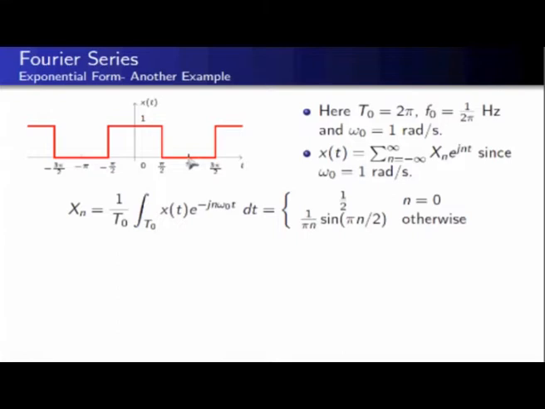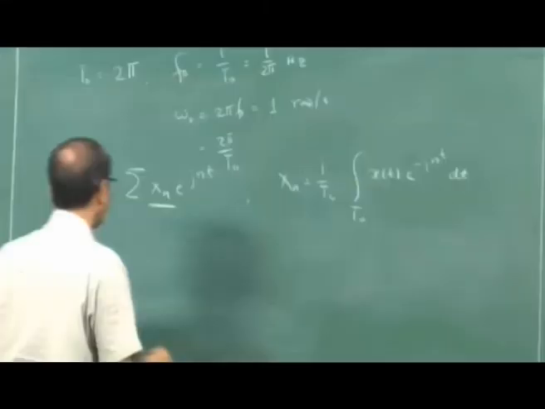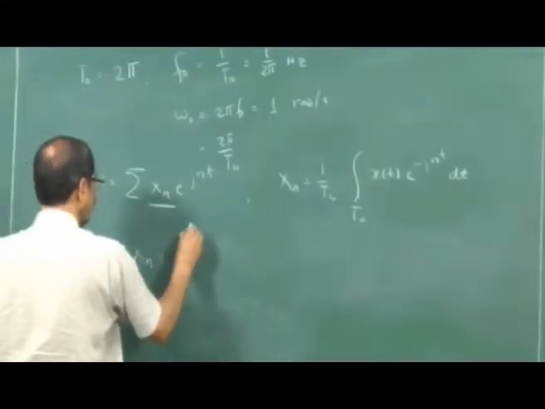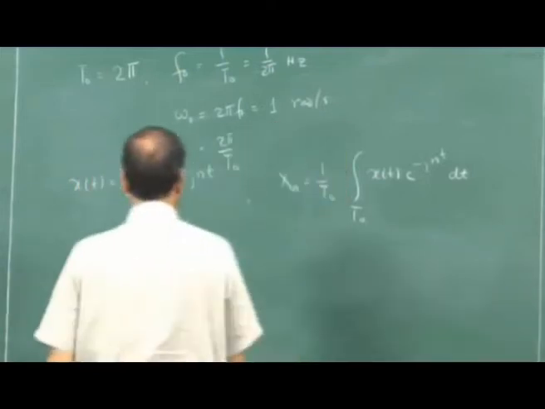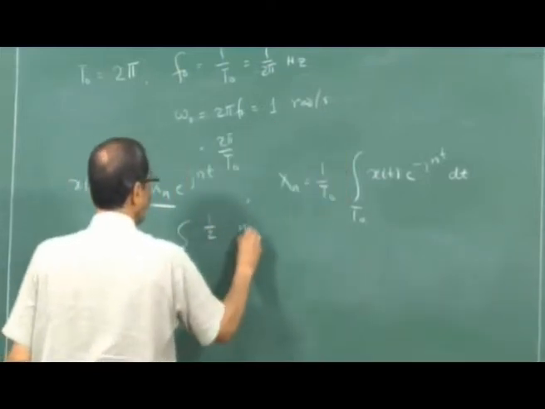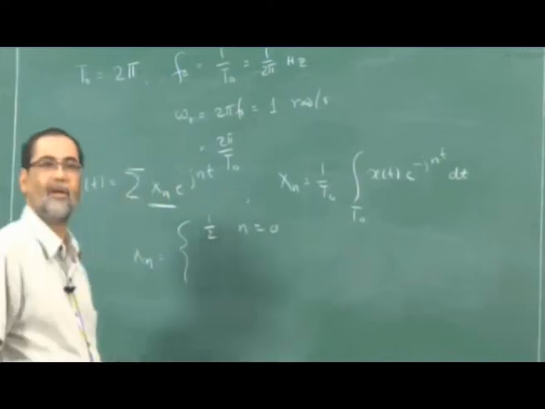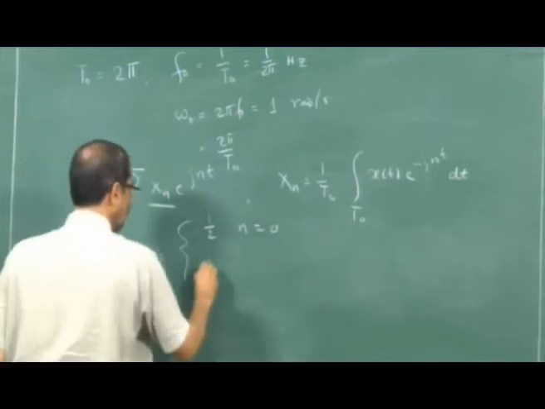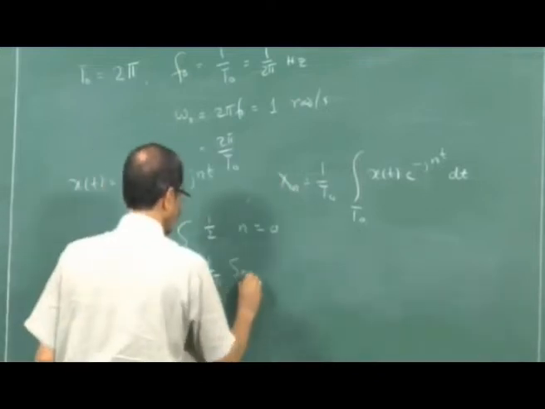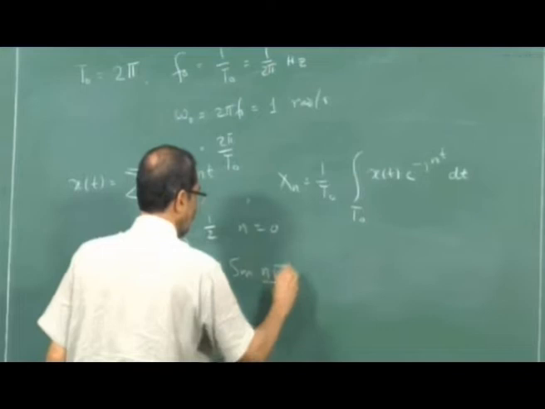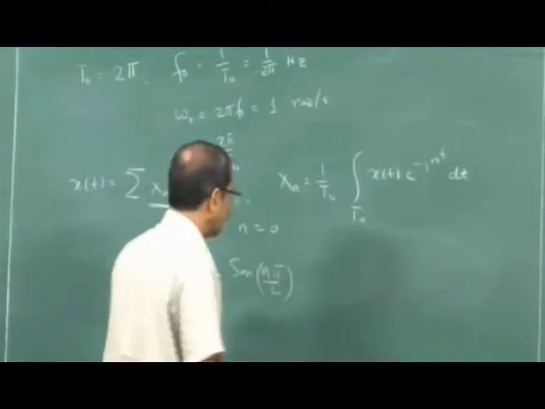So substitute that, carry out the integration, and show that xn has a very interesting shorthand description. It is half for n equal to 0, and 1 by n pi sine n pi by 2 for other values.